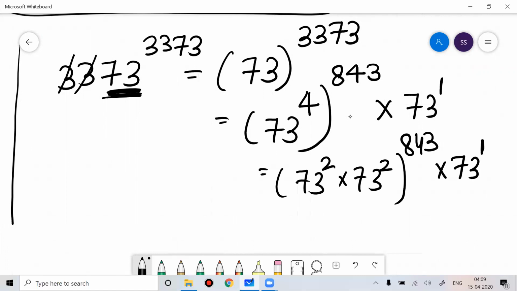Now, 73 to the power 4 will end with what digits? 73 to the power 4 can be written as 73 square into 73 square, so 73 square to the power 2 times 843, into 73.